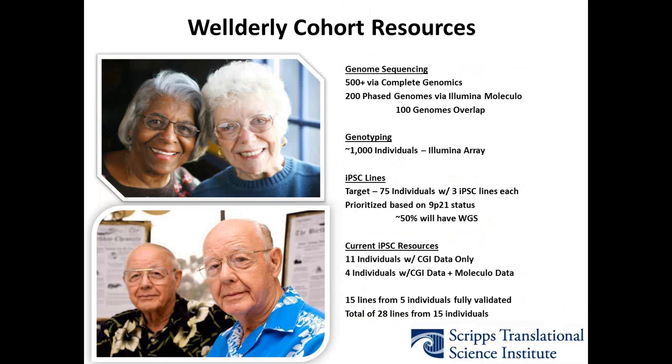We'll be deriving endothelial cells and smooth muscle cells, doing RNA-seq and comparing individuals with and without 9p21 risk status to see if we can find anything at the transcriptomic level. A couple of different cell-based assays will be done as well, like LDL uptake and similar sorts of things in the derived cells to see if there's any cellular phenotype that differentiates the groups.